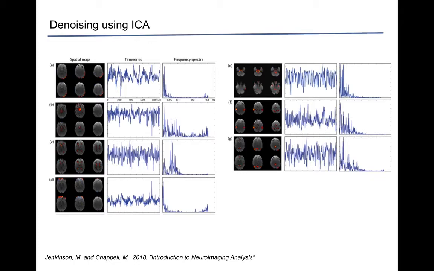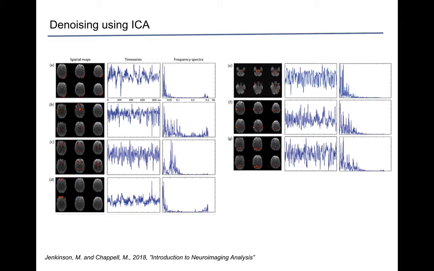For example, in this plot, in the top left the activation is on the edges, so it looks related to motion. Whereas if you look at the bottom right, the last row, it looks more like a default mode network.